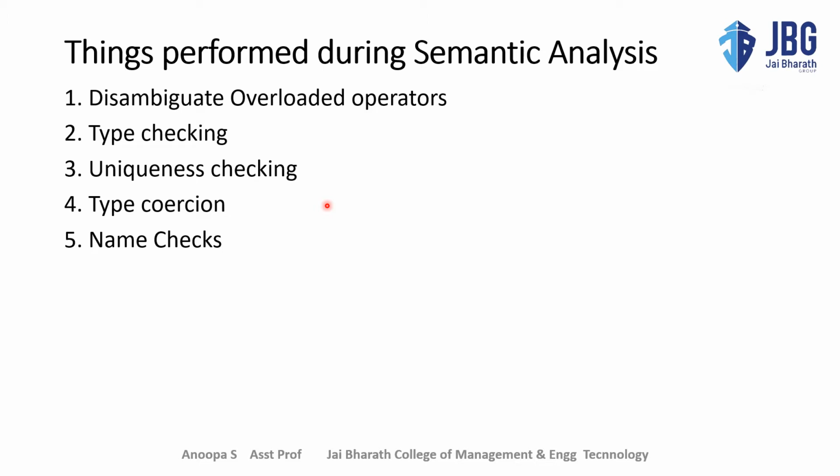Certain programming languages will support that, certain will not. All these checks are performed in the semantic analysis phase. Then name checks, which are similar to that. We check whether the same name has been used uniquely or used repeatedly.